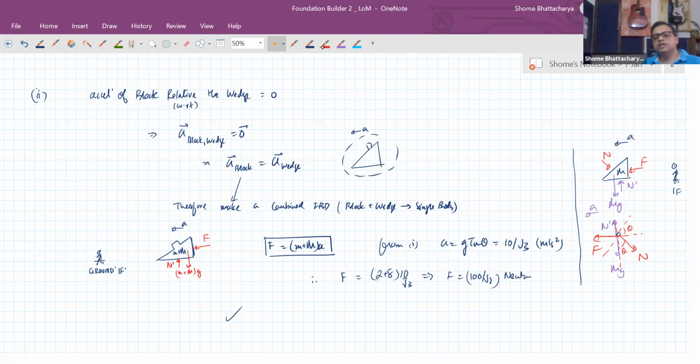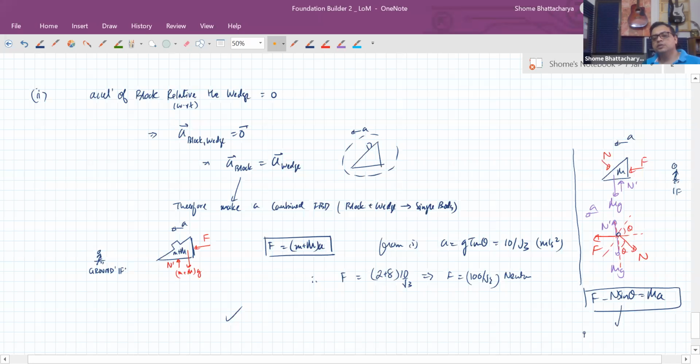So if I go with this, I'll have to do all this: F minus N sine theta is equal to capital M A. Okay. And then from the earlier equation, we have to substitute N's value as small mg by cos theta and substitute the value of A as g tan theta.